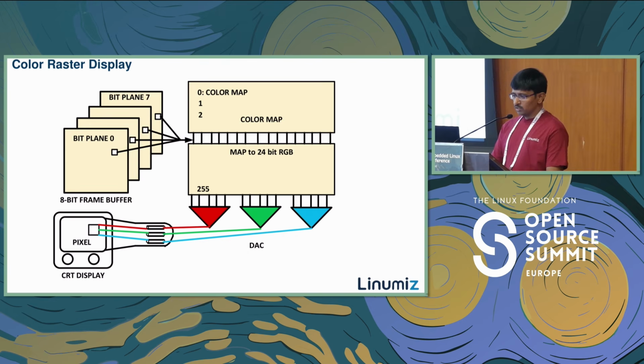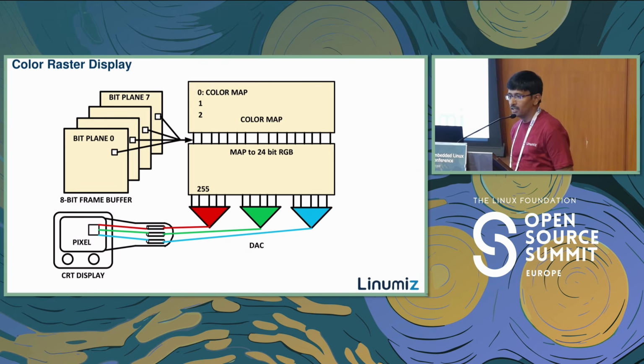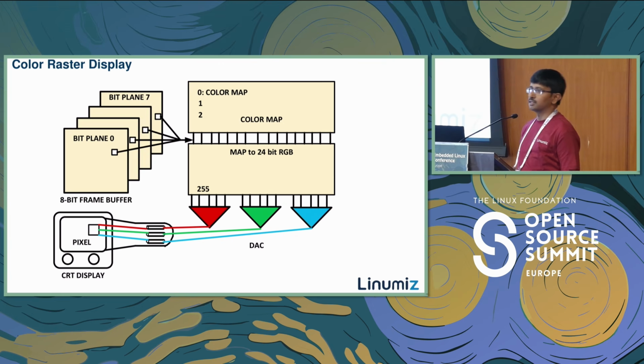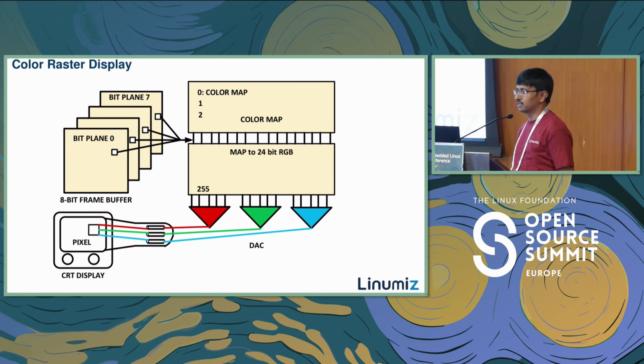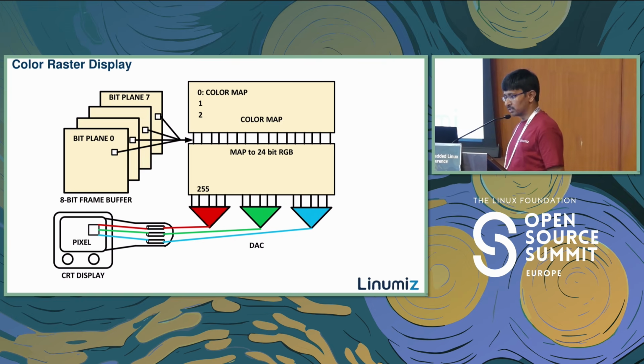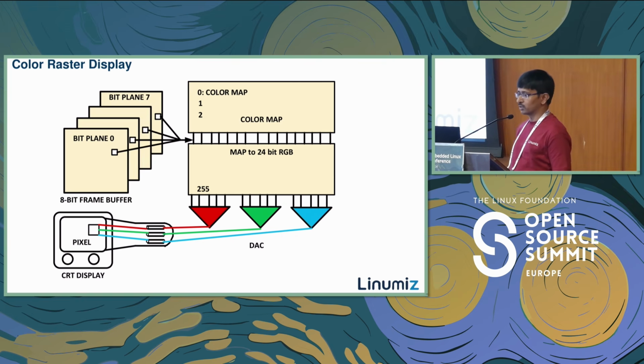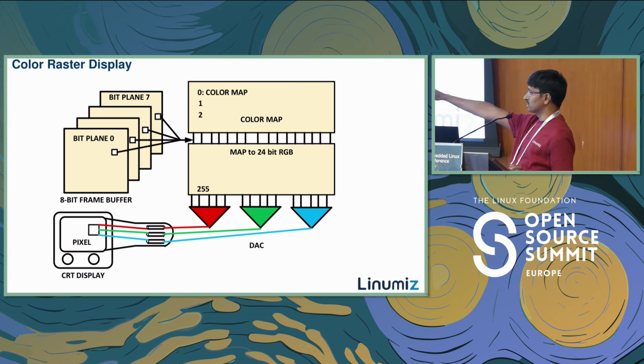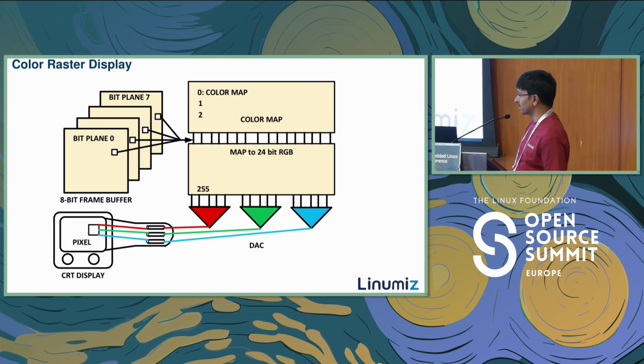To start off with something very simple, grayscale, to understand in an easier way, I tried representing the older CRT displays and how they work. On the left, for simplicity, I kept it like an 8-bit frame buffer, and the 8-bit frame buffer by itself doesn't represent the whole RGB pixel.